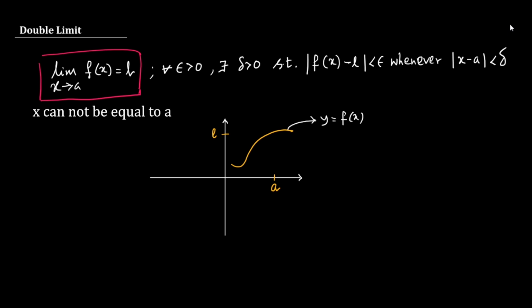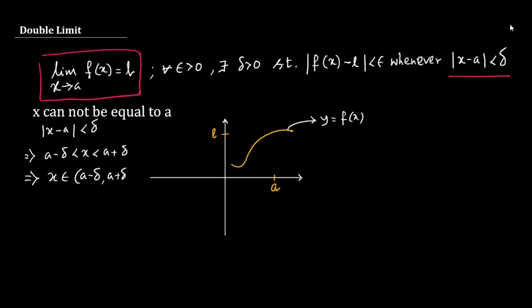Firstly, this particular expression, mod of x minus a less than delta. If I investigate this expression, what do we get? Mod of x minus a less than delta implies a minus delta less than x less than a plus delta, which implies x lies in the open interval (a minus delta, a plus delta).